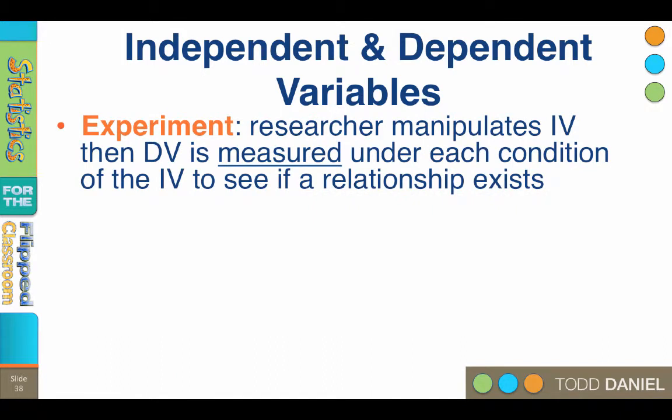In a scientific experiment, we start with the IVs and then we measure the DVs. So in an experiment, a researcher manipulates the independent variable. Then the dependent variable is measured under each condition of the independent variable to see if a relationship exists.